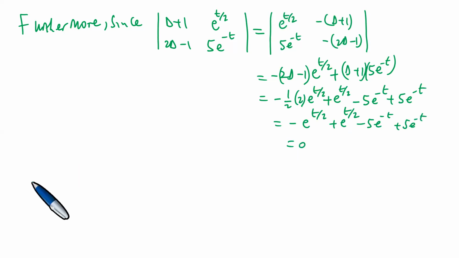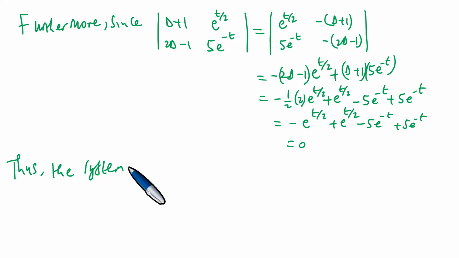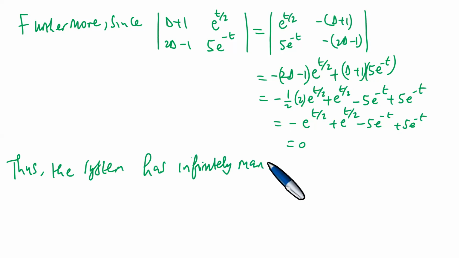Now the result being 0 makes us infer that, thus, the system has infinitely many solutions.